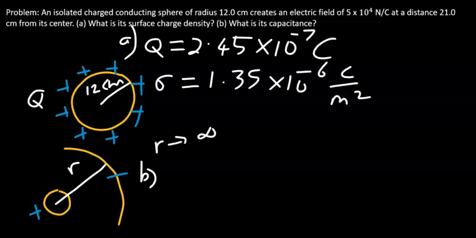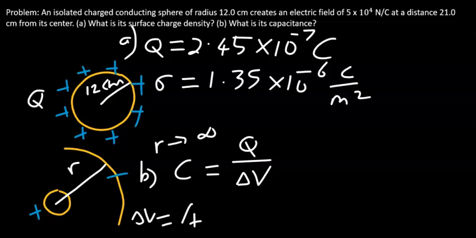Since we are trying to figure out the capacitance, capacitance is given by the charge on that capacitor over the potential difference between the plates. In this case, the positive plate is the sphere and the negative plate is the large imaginary sphere, if you will. So delta V is V plus minus V minus.